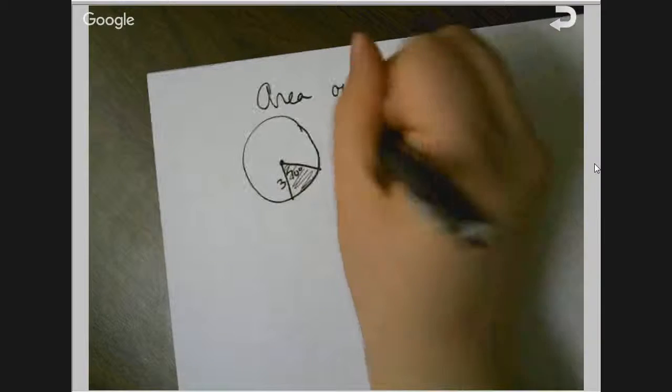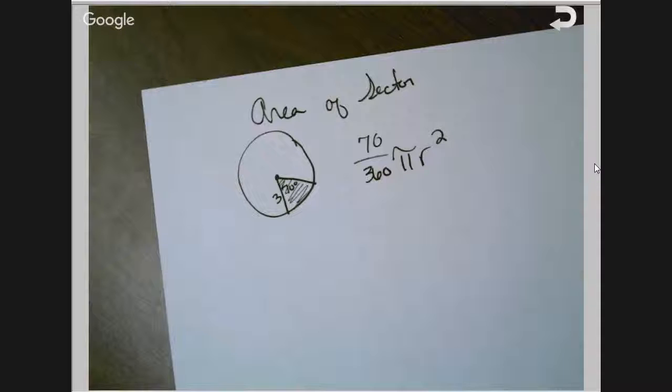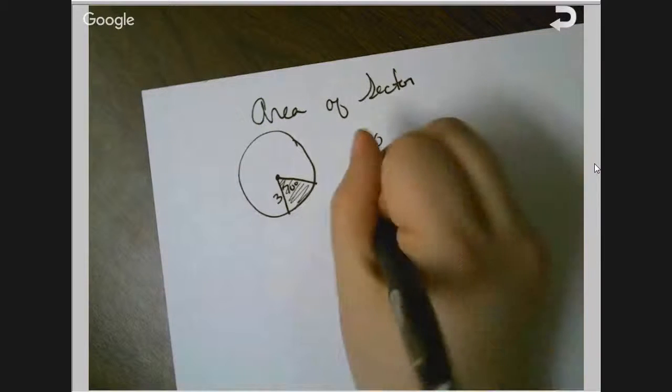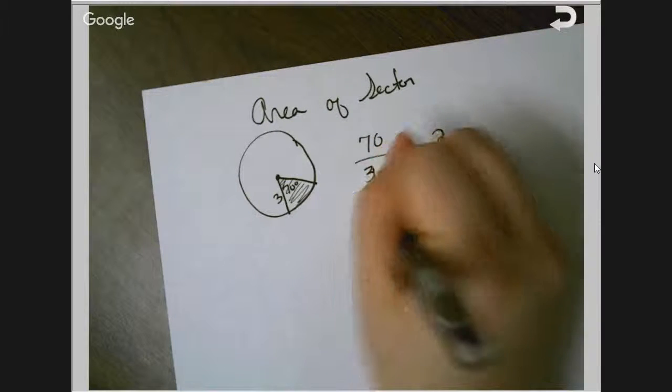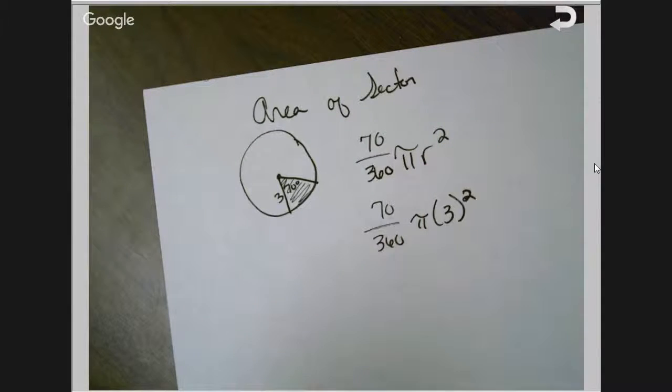Well, it's 70 degrees out of the 360 degrees. So 70 out of 360 times pi times 3 squared. And you'd still type it into your calculator from there. That part's not any different. The only difference between area of a sector and arc length is which formula you use, either pi r squared or 2 pi r.